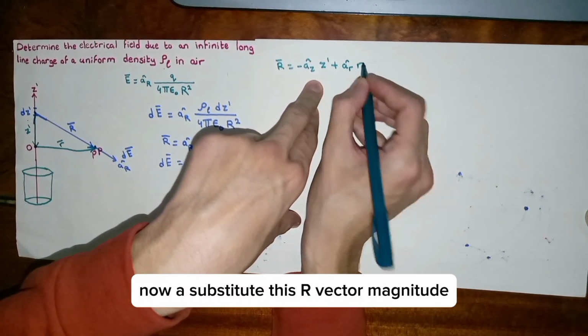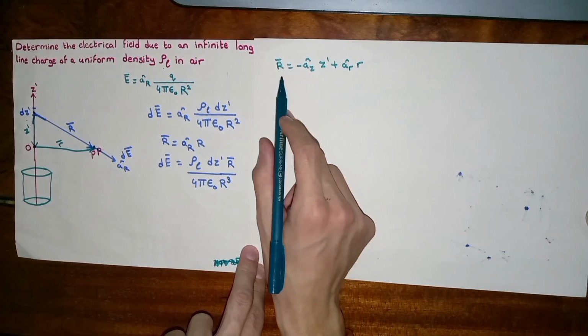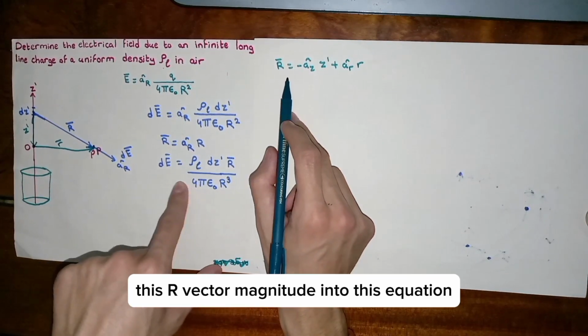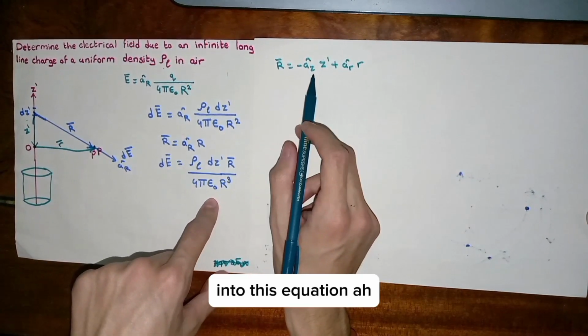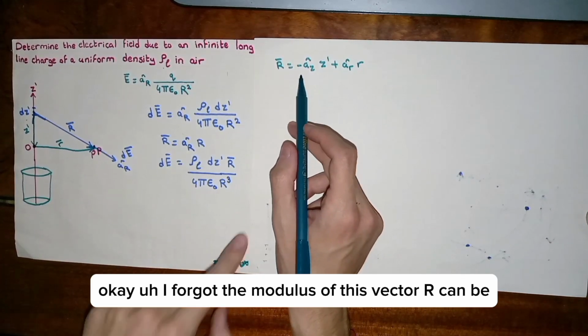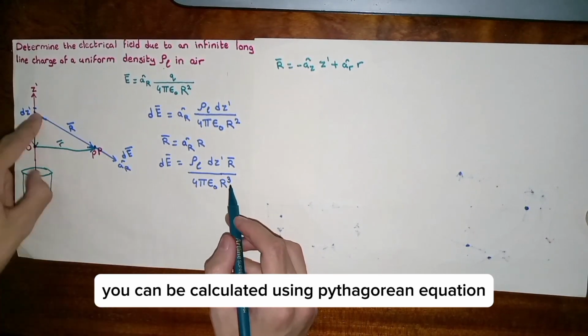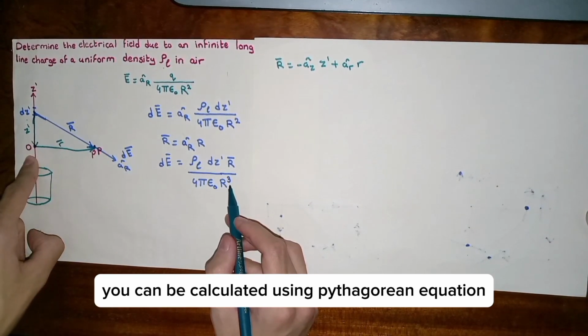Now substitute this R vector magnitude into this equation. I forgot: the modulus of this vector R can be calculated using the Pythagorean equation.